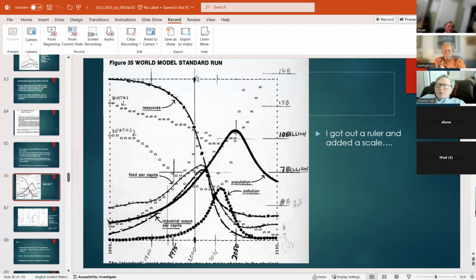I did this with a ruler, I don't know, back in about the year 2000. And these things are not even supposed to happen by, well, maybe by now, food per capita, which was beginning to decline. But the population was supposed to still be growing. All of these things are true.